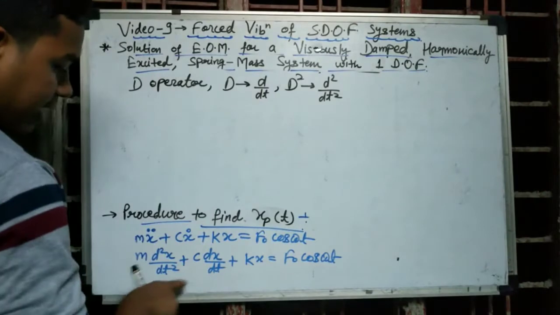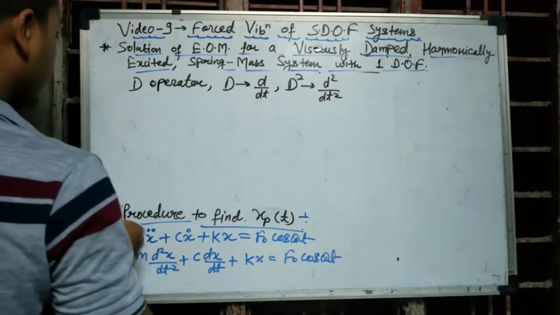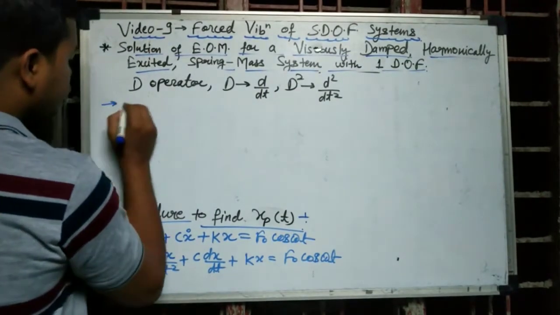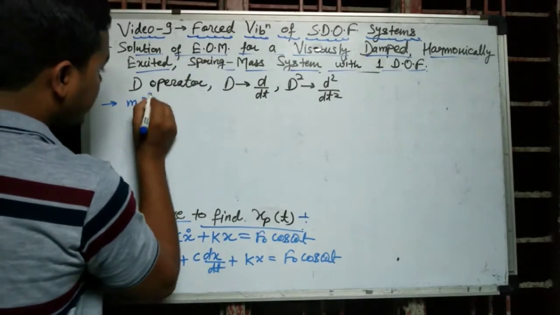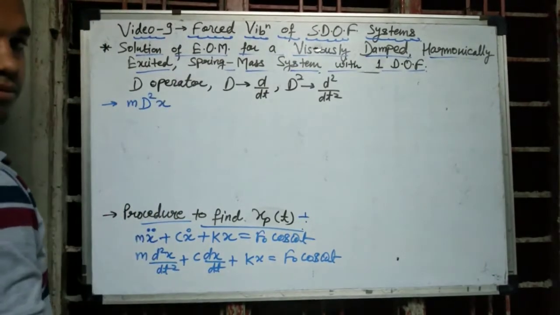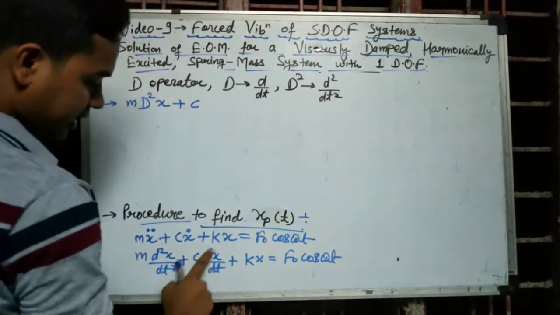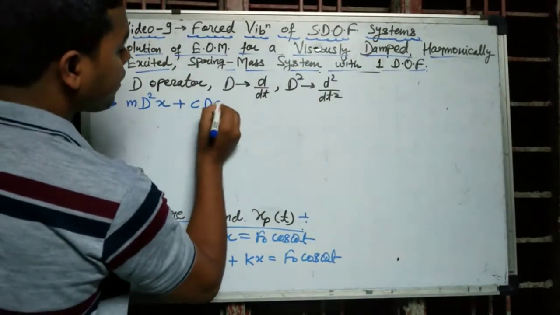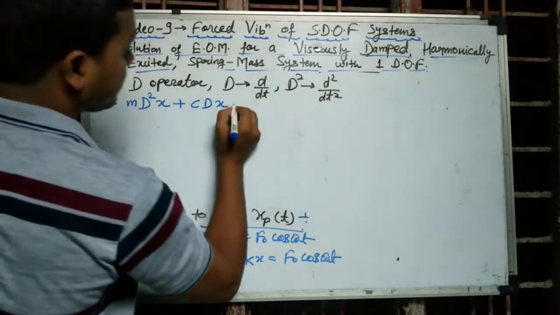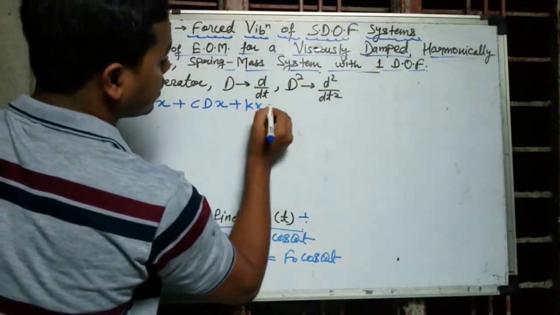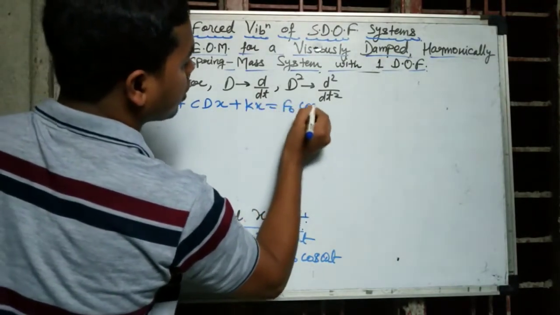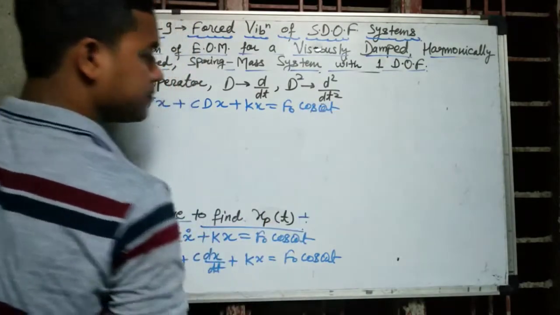Now I apply that here. I can write the given equation of motion as m D square of x plus c, the dx by dt I can write as D of x, plus k x equals F naught cos omega t.